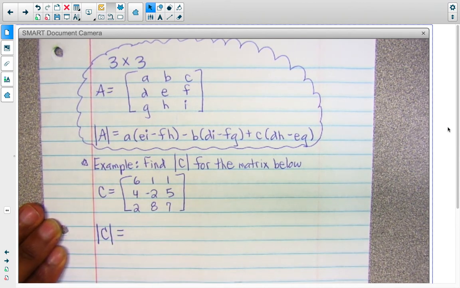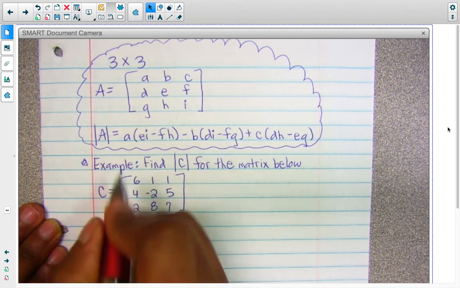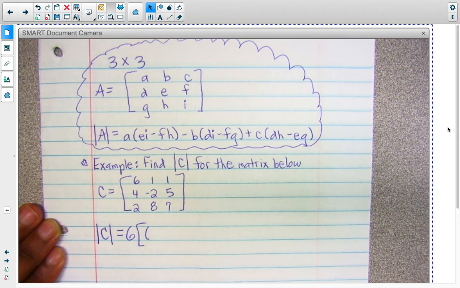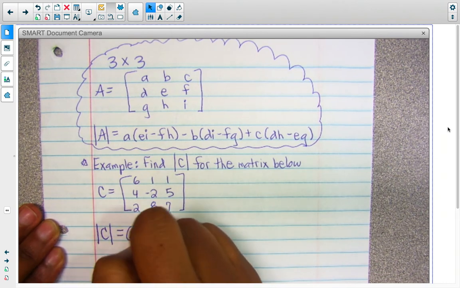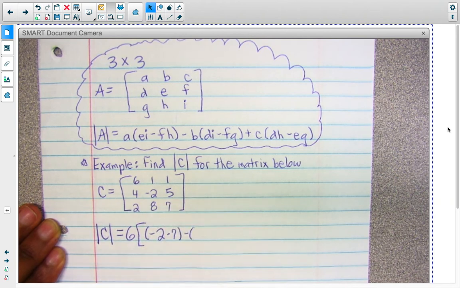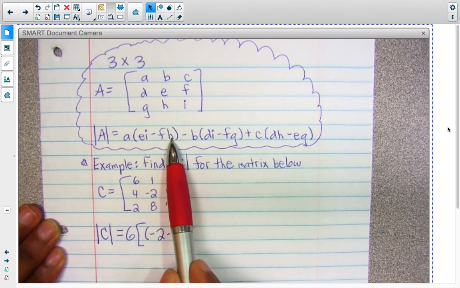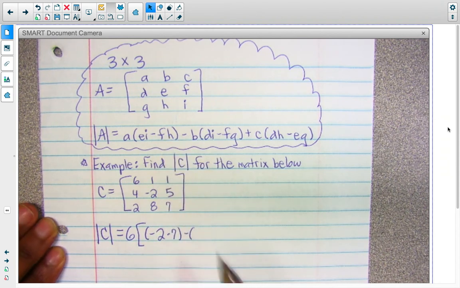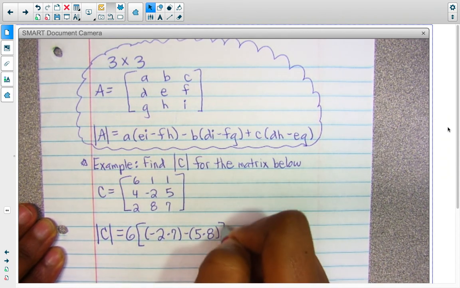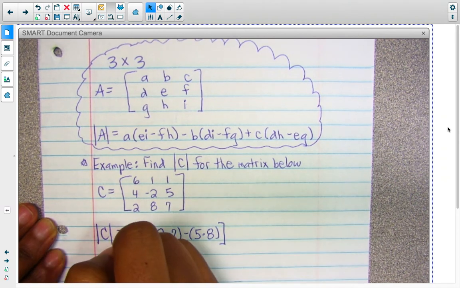Okay. I'm doing 6, because that's A. E and I. And then I'm going to subtract out F and H. So let's make sure we understand the first part.